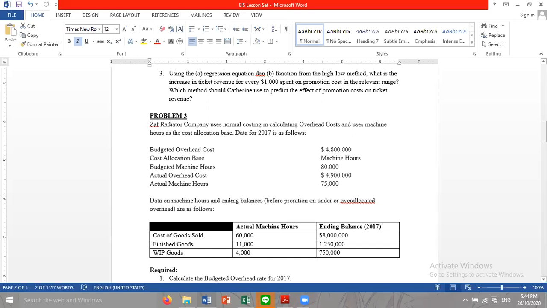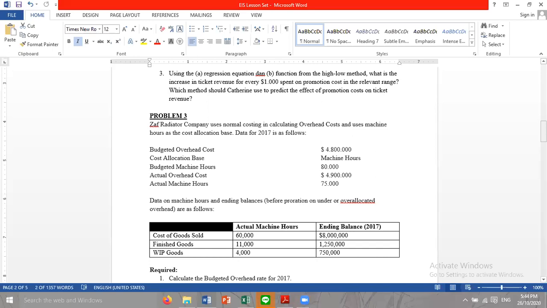This is mainly used if we already have some kind of accounting software where we can just retype the amount and all the accounts will automatically be adjusted. However, the methods that we will be tested on are the proration and the write-off to cost of goods sold method.